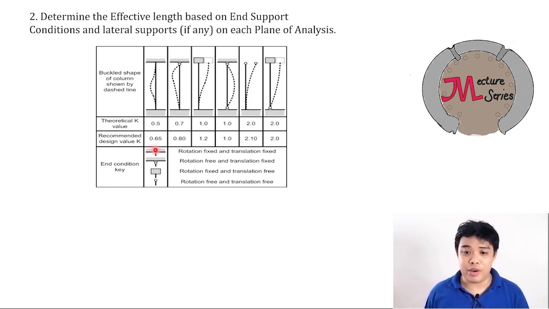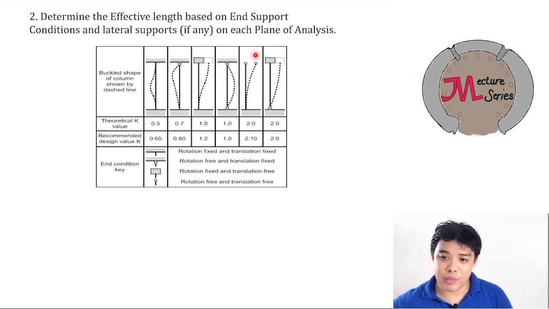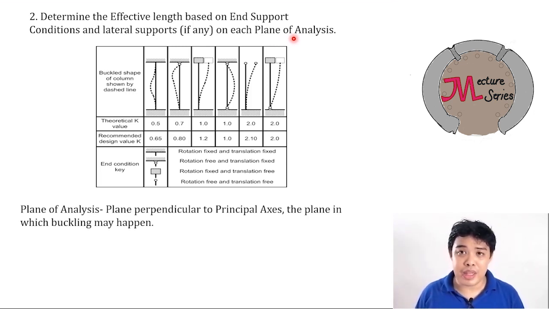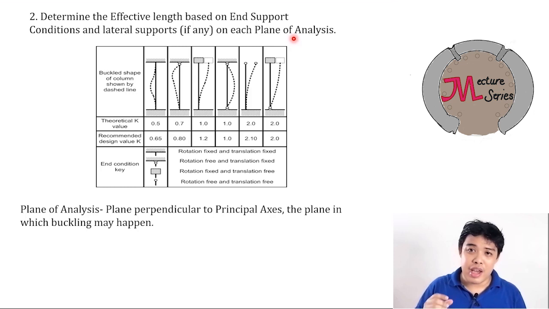That's just for example. Next, a very important thing about this is what we call the plane of analysis. What is the plane of analysis? Plane of analysis is a plane perpendicular to the principal axis, the plane in which buckling may happen. So it means if a certain column will buckle, you can see it in one of those planes.